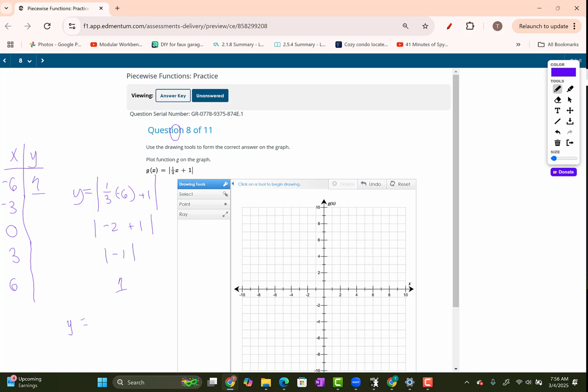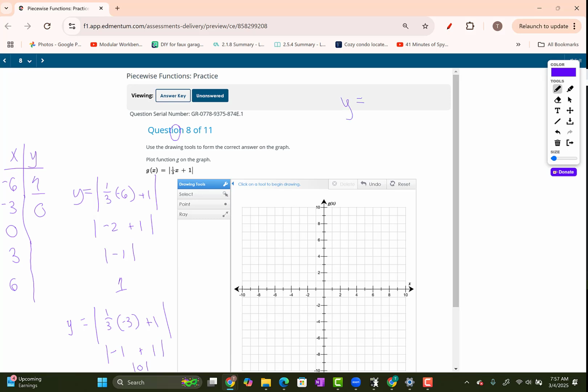Do this again for -3. 1/3 times -3 is -1. -1 plus 1 is 0. The absolute value of 0 is just 0.